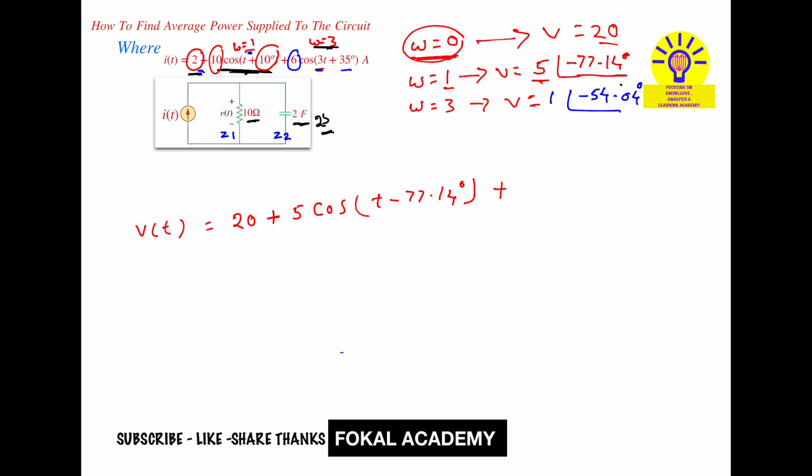Next plus amplitude 1, cos of omega is 3, so 3t, and phase angle minus 54.04 degrees. So this is the required voltage for the given circuit.